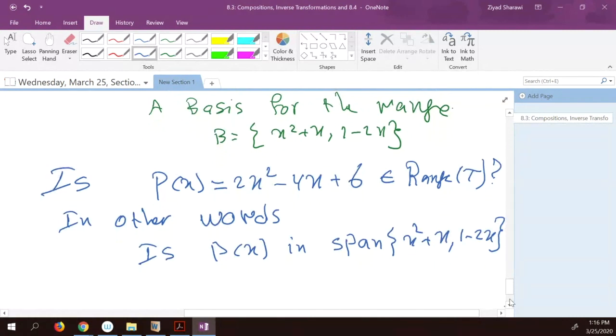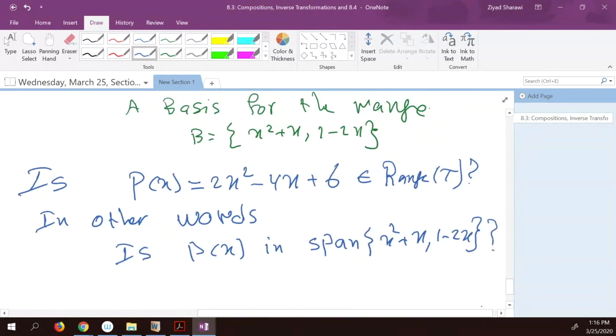Am I correct? Look at it. That's the question. Is this polynomial in the span of x squared plus x, 1 minus 2x? What do you think, guys?